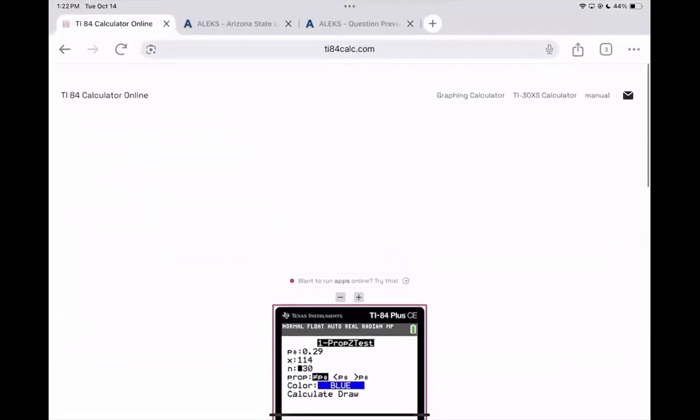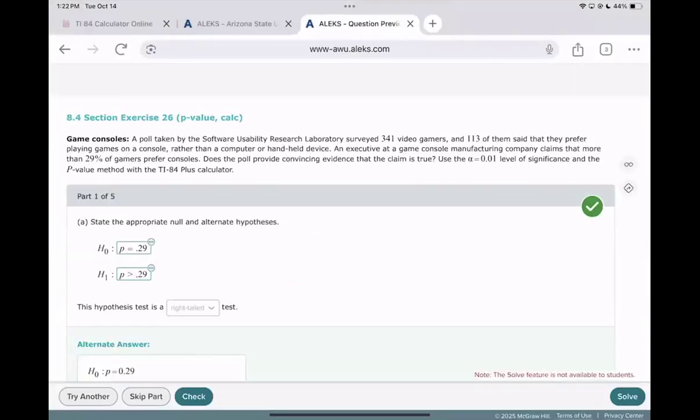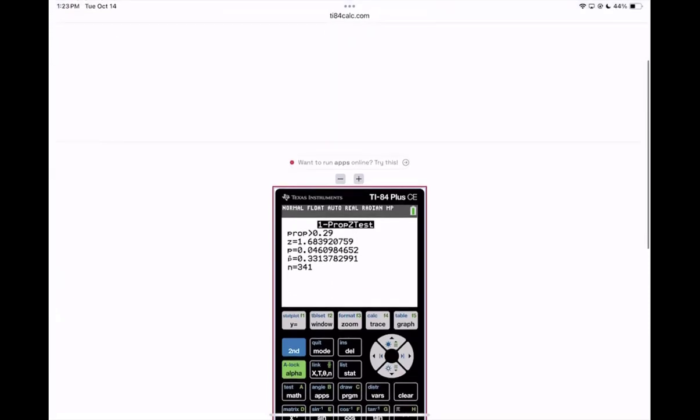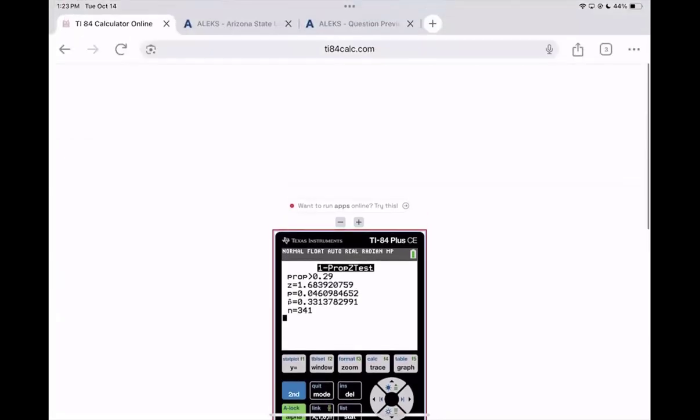Let's go take a look. 113 and 341. Okay, fine. And they were claiming that it should be greater than 29%. Let's calculate. Okay, they got a test statistic of 1.68 and a p-value of 0.046.